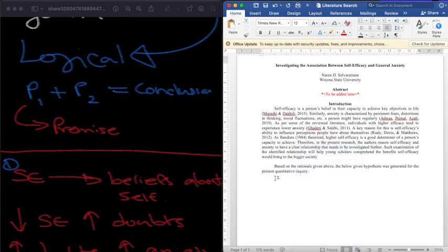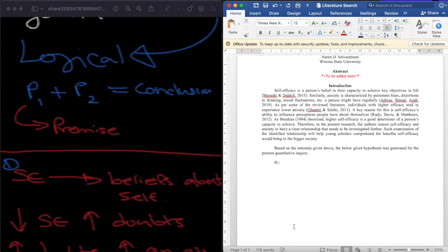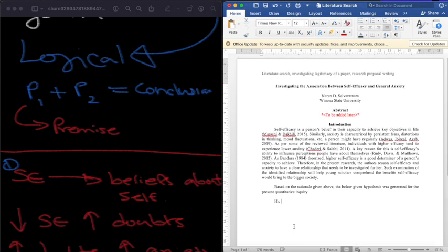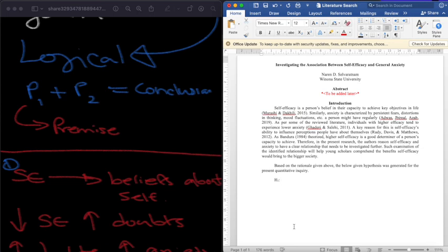Now here's what I'm going to do. H1, I'm going to just write the alternative hypothesis. So we are going to do just a simple correlational study. So as a result, just this piece of information would do.